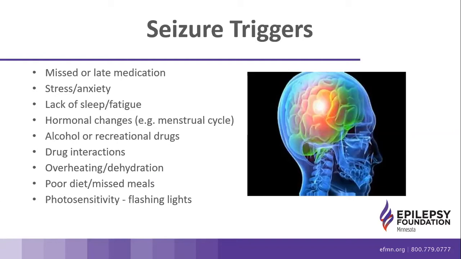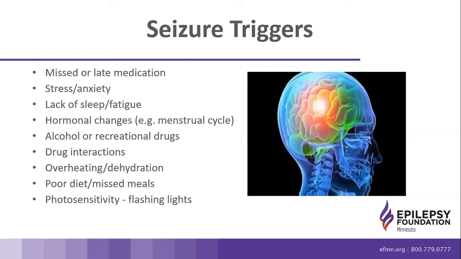Are there certain types of stress in your life that are triggers versus other types? And so we ask them to look at what are the stressors that you would align with your breakthroughs, and what can you do to reduce that stress? How do you handle that stress? And a lot of times as individuals are working with their doctors, they're talking about ways, sort of mechanisms to reduce their stress levels.